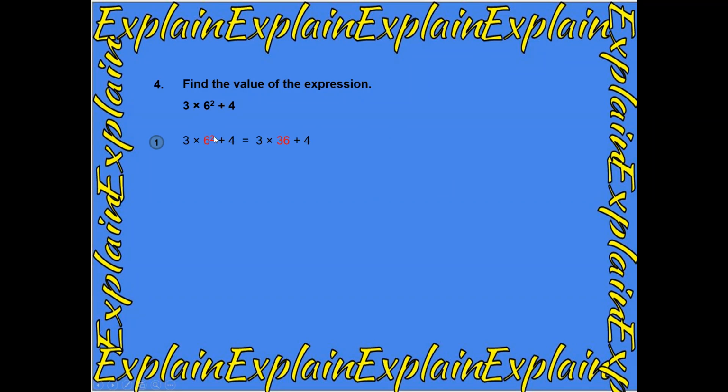So the first step is to simplify 6 squared. 3 times 36 plus 4. I simplified the 6 squared first. Next I'm going to multiply, and last I will add. So 3 times 36 is 108, and I'm going to do my addition last. 108 plus 4 is 112.